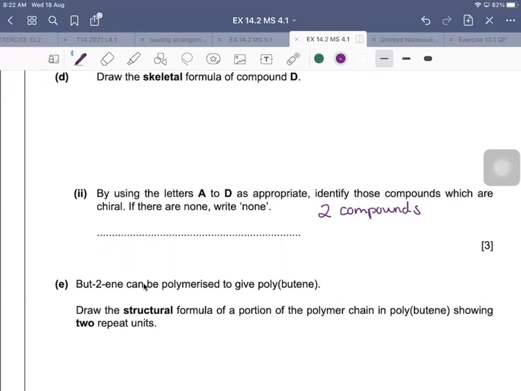So I will let you decide that. E is a polymerization question, which is still in your syllabus, but it's not covered in this topic. So that will be covered in a topic that we will visit later on. So I'll just skip that for now.